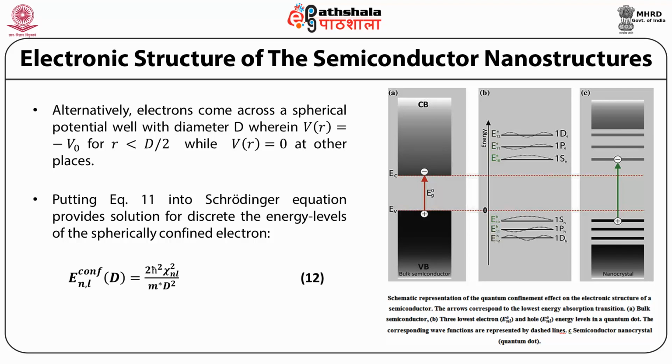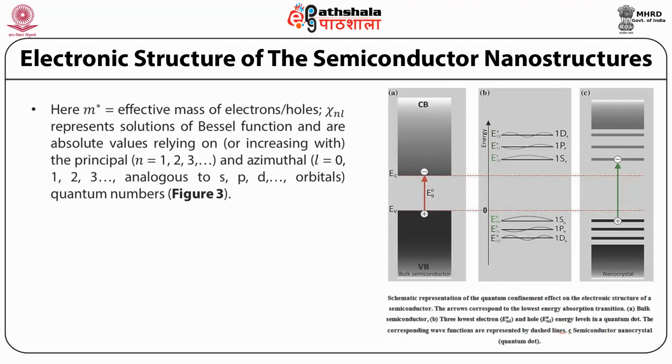So putting equation 11 into the Schrödinger equation provides the solution for the discrete energy levels of the spherically confined electron. So we have E n l confined as a function of capital D equal to 2 h cut square chi n l square divided by m star d square. Now here m star is the effective mass of electrons or holes.